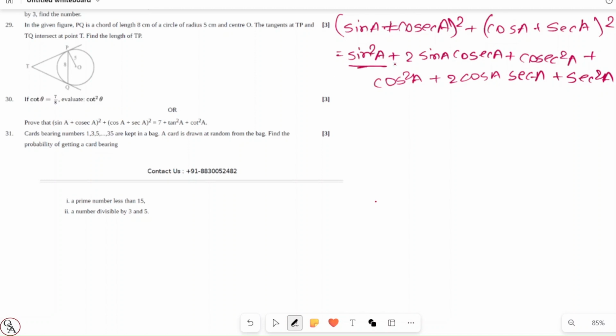So sin square theta plus cos square theta, we will get the value as 1.